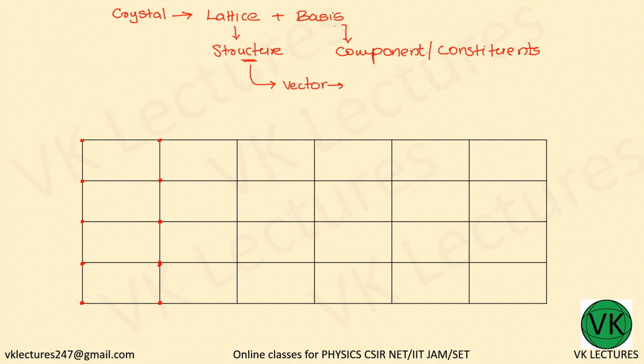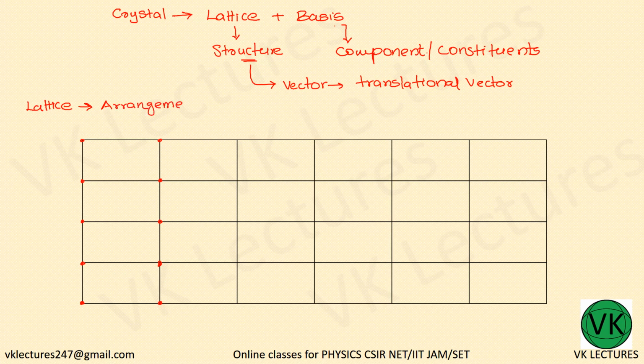So these are translational vectors, or translational vector. Now how can you define a translational vector? If you consider this as the lattice, it is nothing but an arrangement of something.